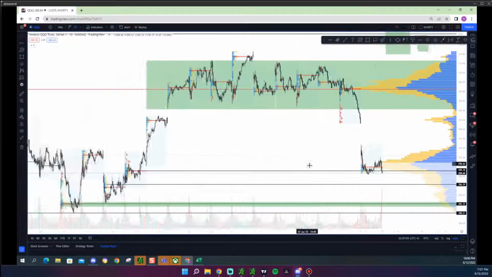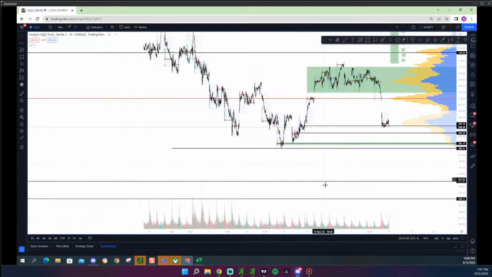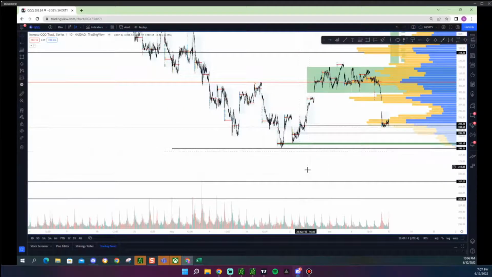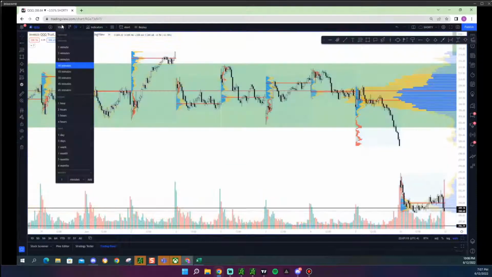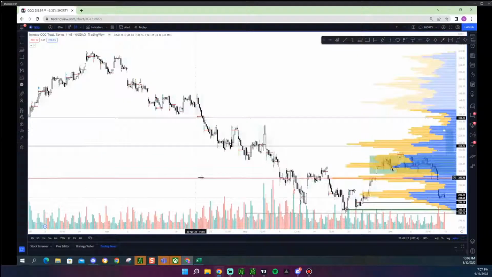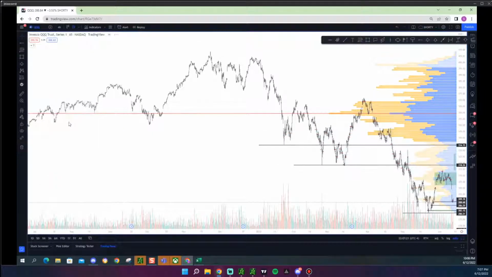This might work out pretty well for us tomorrow, especially if anyone swung those 385 puts. Below 280, it really, really opens up. I'm trying to find something, but it really opens up. Let me go to 4 hours, see if they give me something.